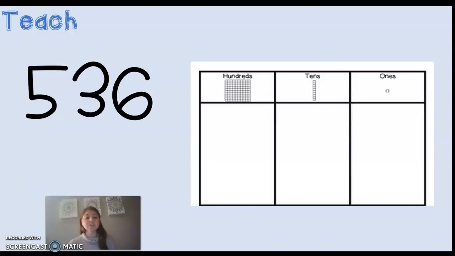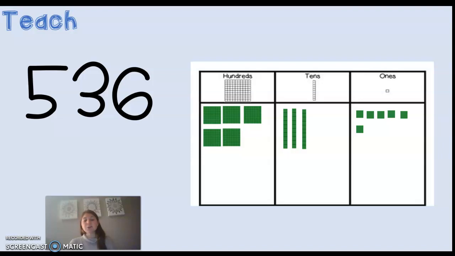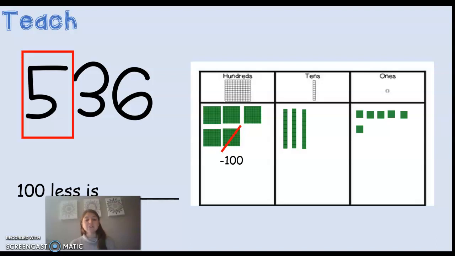Now let's find 100 less than 536. I draw my 6 ones, 3 tens, and 500 to show 536. I want 100 less. Now I'm looking at my hundreds place. I'm to take 100 less. I'm crossing out 100. I'm taking away. I no longer have 500s.